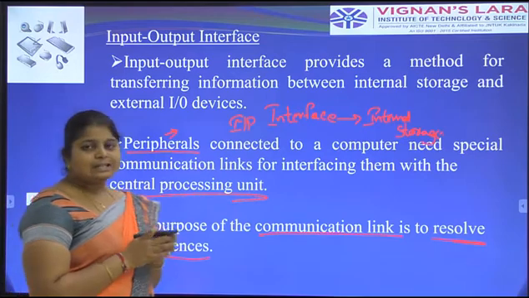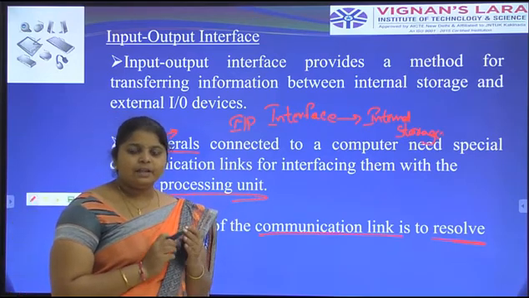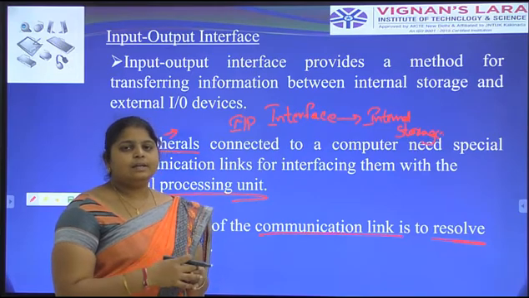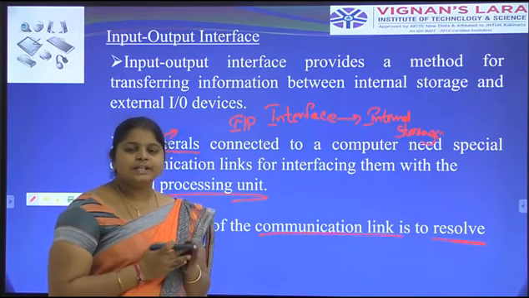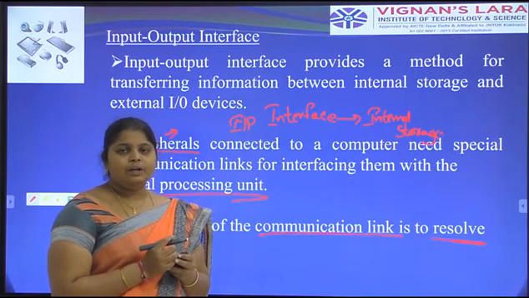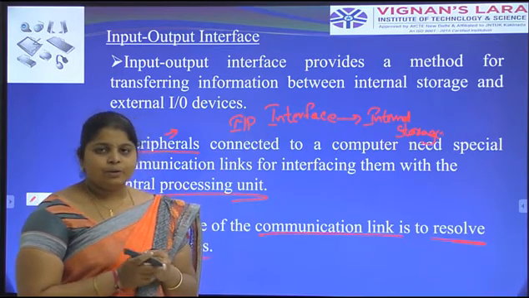So what is the input and output interface? Whenever the user gives input from an input device, it is transferred to the internal storage with the help of the interface. For example, take the CPU.